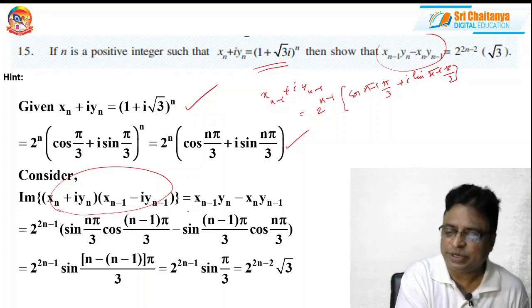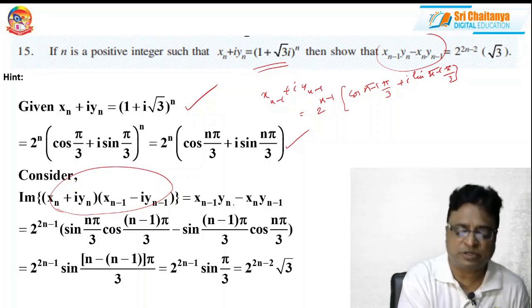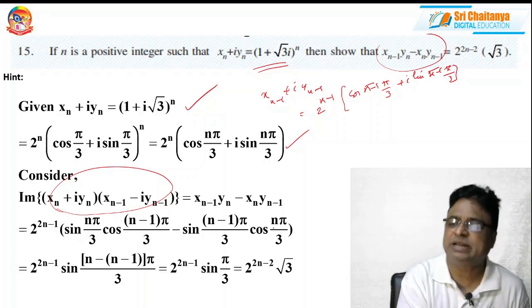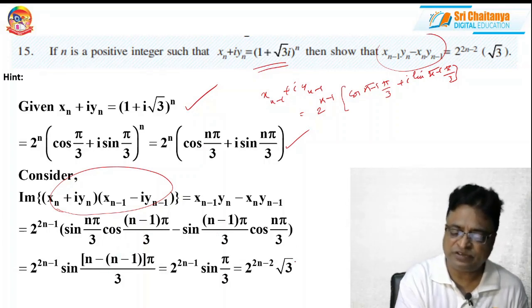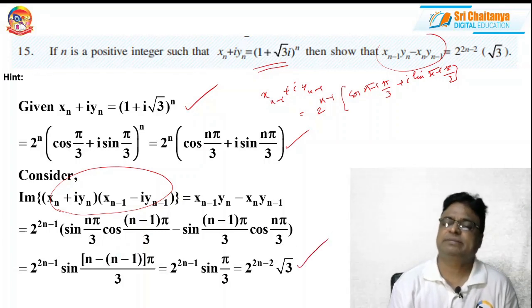So this is xn minus 1 yn minus xn yn minus 1. This is the imaginary part. If I multiply these two, this becomes 2 power n, 2 power n minus 1, sin a cos b minus cos a sin b. Sin a cos b minus cos a sin b means what? Sin of a minus b. You simplify this, you will get the given answer straight away.